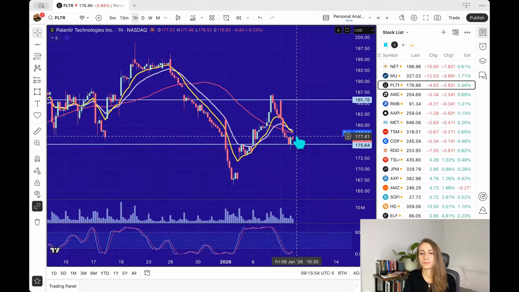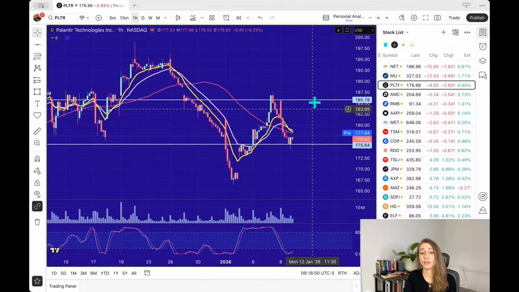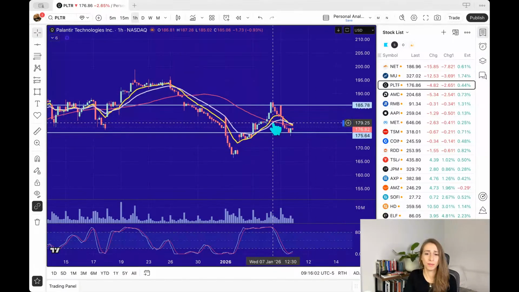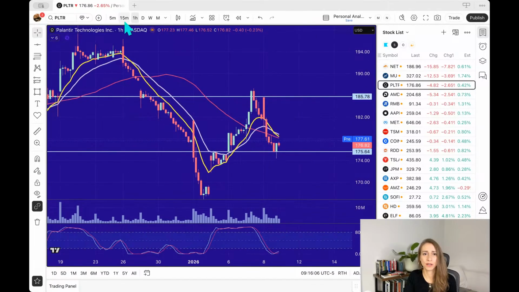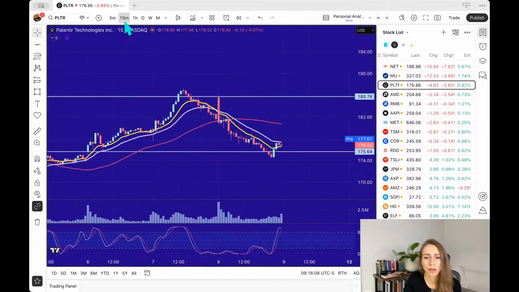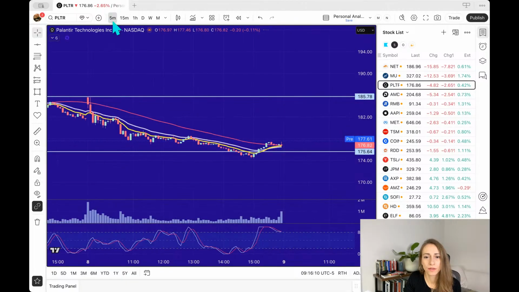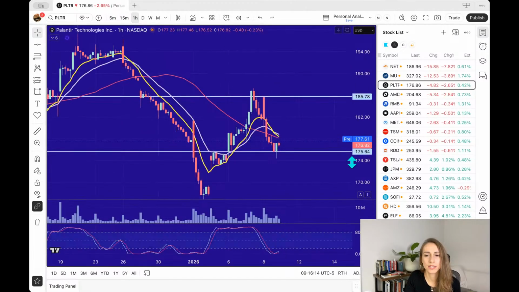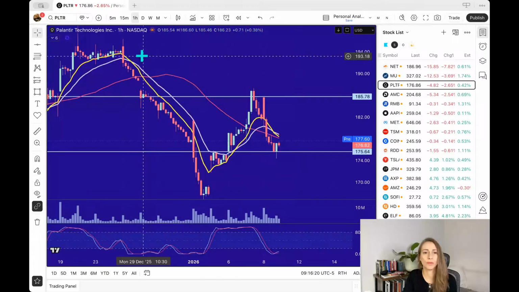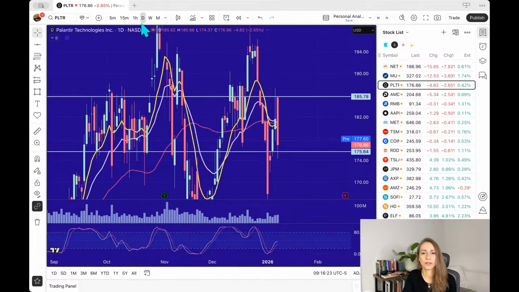And then if we see a breakdown here of 175, then it may be a continued short. But I don't think so. I think it's going to go up before it goes down, if it goes back down. In the morning, I see it at 177, just to feel out what it's doing in this area before you make your decision.